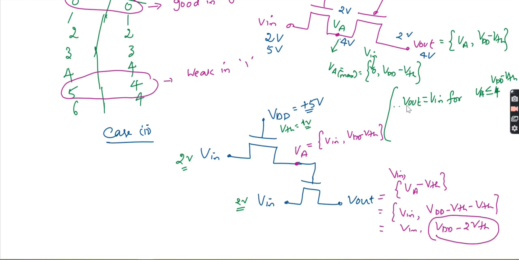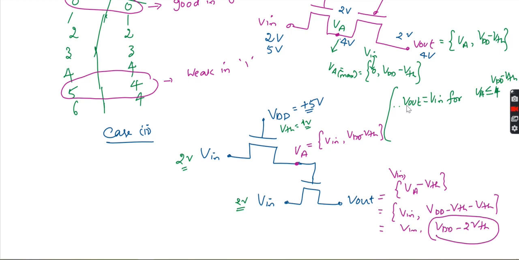Simple, right? Vout is equal to Vin for VA less than or equal to VDD minus VTH. It won't go to a negative value.